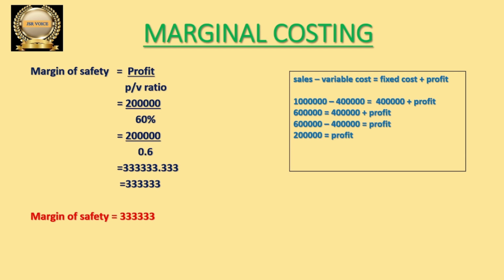Okay, and in the next step, 2 lakhs divided by 0.6, you do in the calculator, you will get 3,33,333.3333 like that. We can remove the decimal points and take only 3,33,333 rupees. So what is the margin of safety here? 3,33,333. Hope this is clear for everyone.